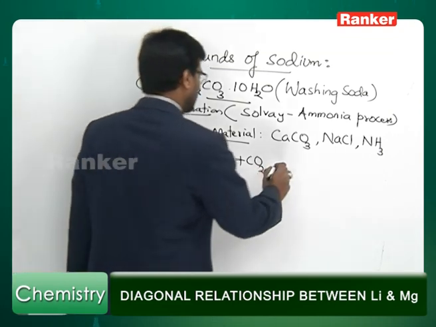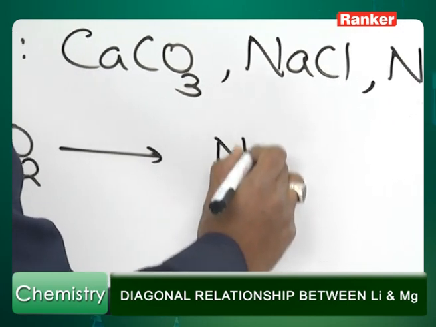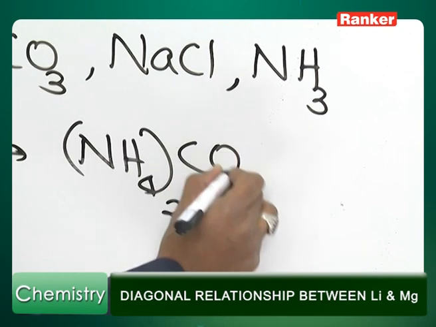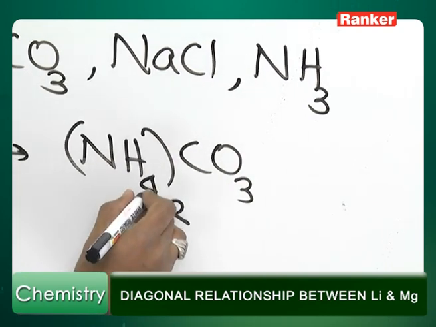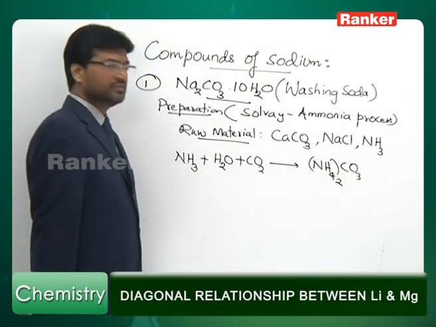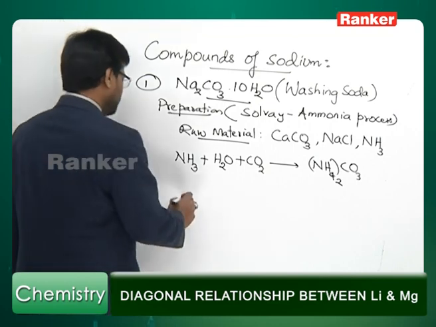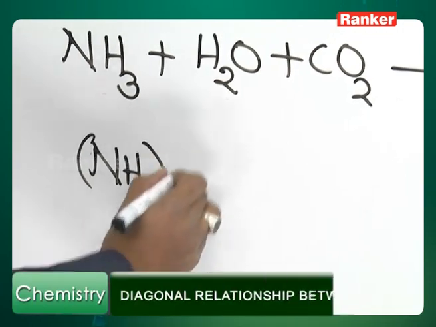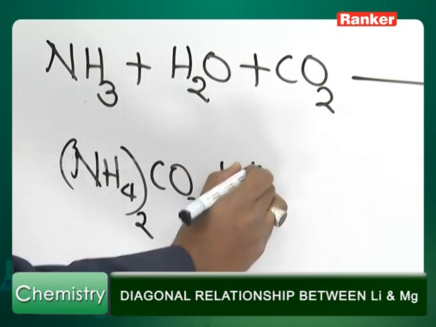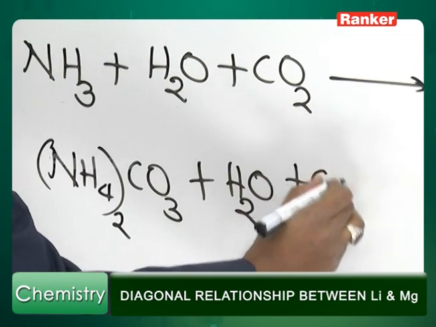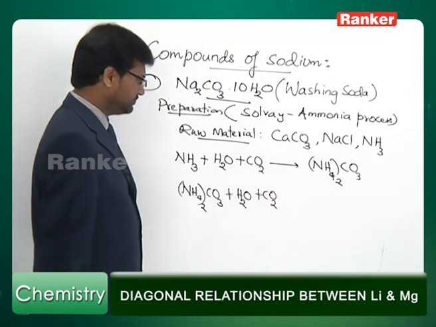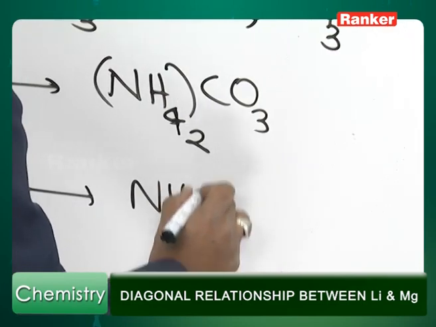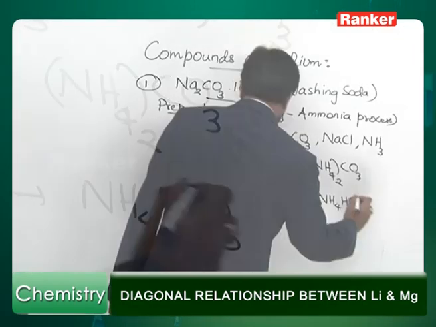These two gases combine and get (NH4)2CO3. This is ammonium carbonate. Then ammonium carbonate further reacts with carbon dioxide and you get ammonium bicarbonate.